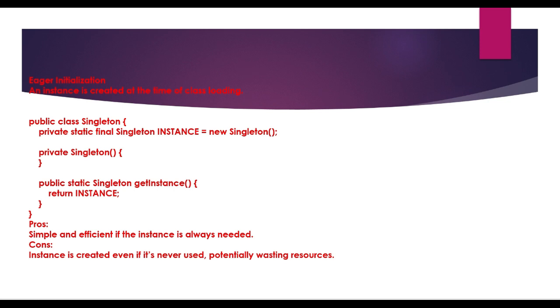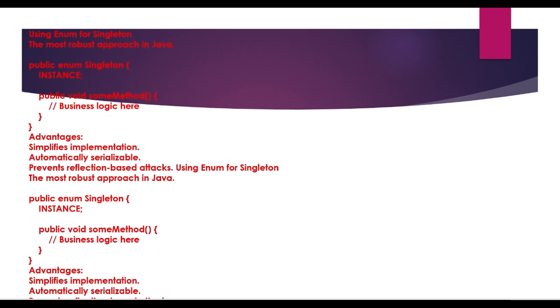Let's say throughout the life cycle the user never called that instantiation, so it's a wastage of resources, memory, and so on. So those are the disadvantages. Now we have looked at eager, non-thread-safe, thread-safe, and double-checked lock.